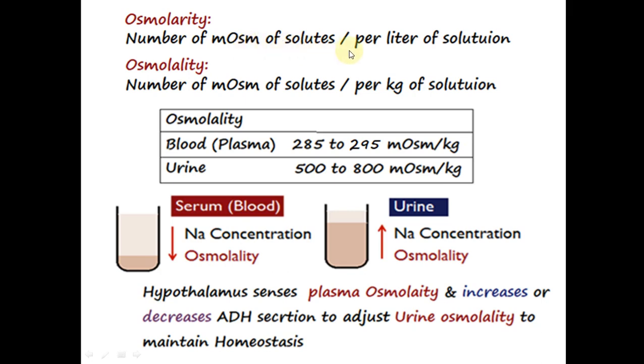If we measure it by the volume of the solution, by that we mean milliosmoles of the solutes per liter of the solution. So here the expression is in the form of volume, and it is known as the osmolarity, and it is the main expression of the solution in the laboratories.